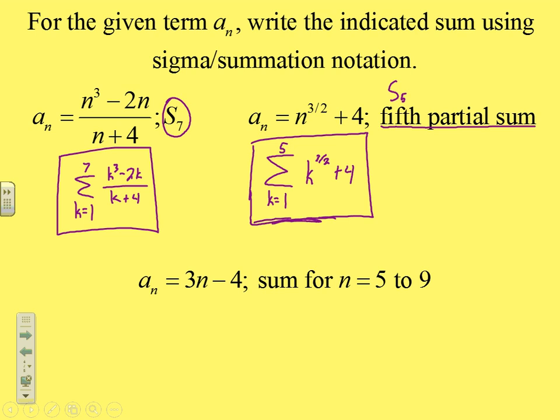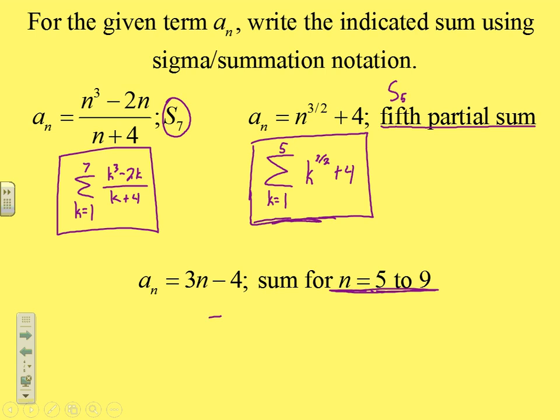There's sigma notation. Now, the one thing that you do have to pay attention to is an example like what you're seeing here. This one is not asking you for the sum of the first 9 numbers or the sum of the first 5 numbers. It wants to know the sum of the numbers in the sequence from the 5th one through the 9th one.